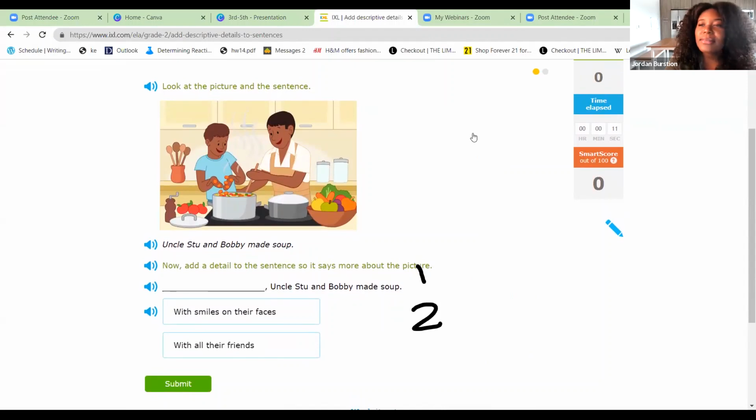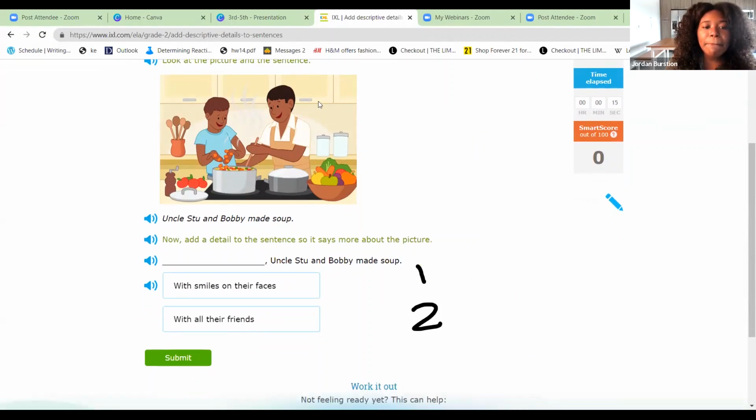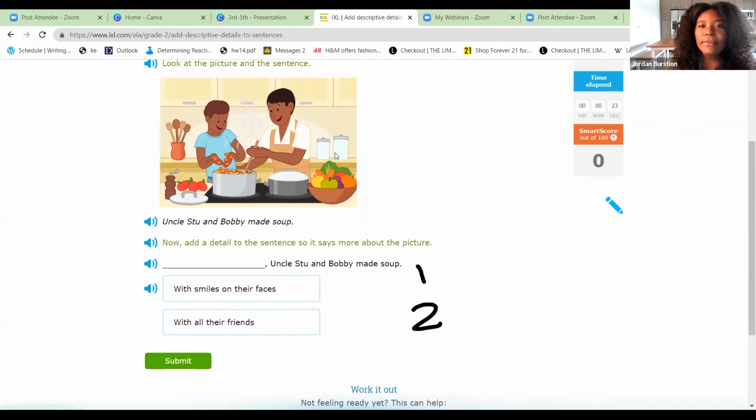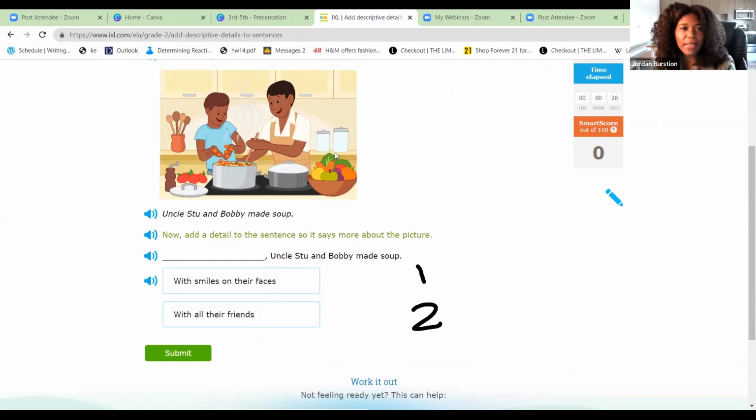S'more? What do you mean by that, Emery? You can type it one more time. I'm not sure what you meant. It looked like you typed s'more. Let me see what you said. S'more game. I don't think I have a s'more game.